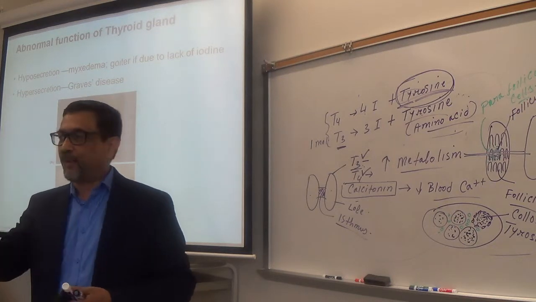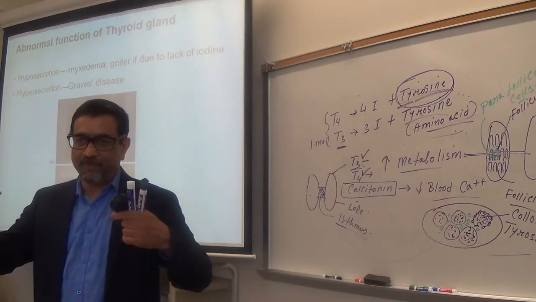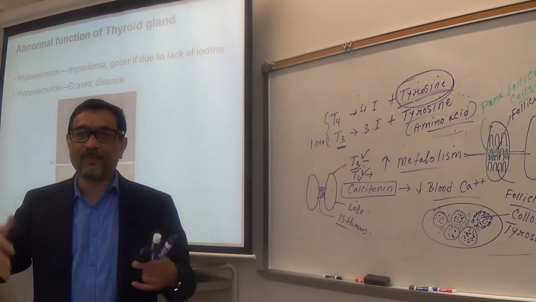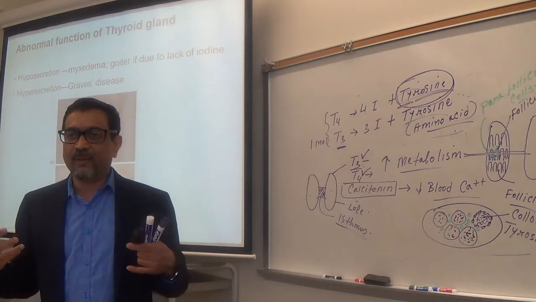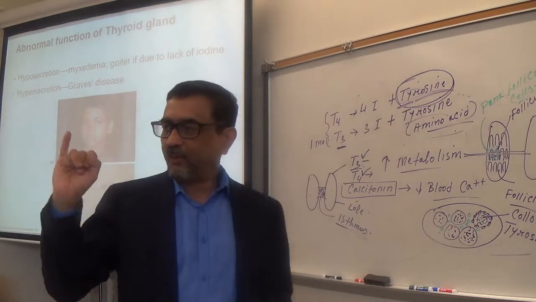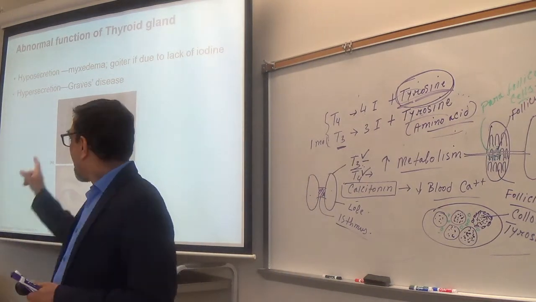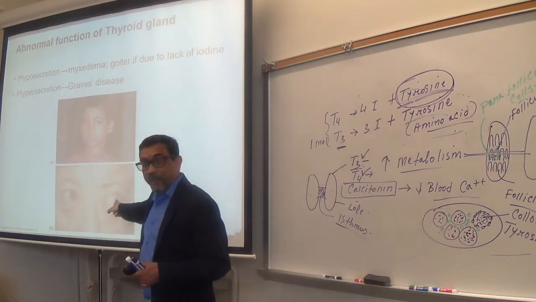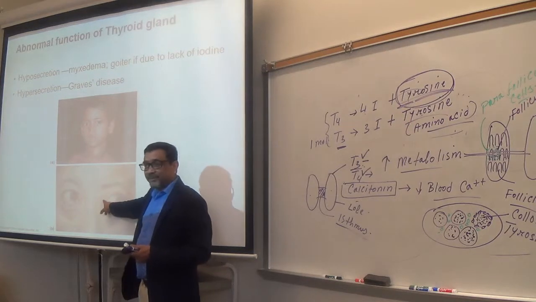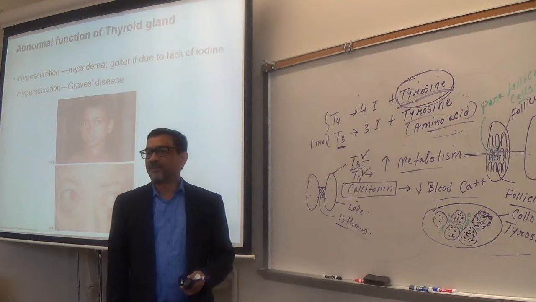If that happens for a long time, the person's body weight will go down or up? Down, right? The person will lose body weight because metabolism is always high, right? So fats are being used up, so the person will be very skinny. Of course the heart rate will be high, blood pressure will be high.